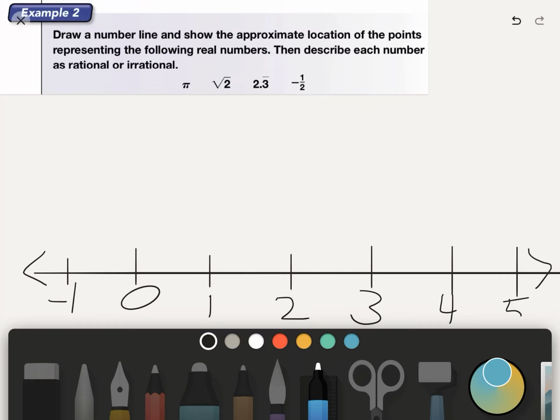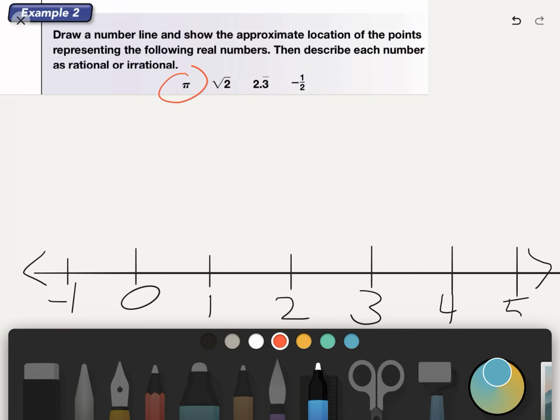So thinking of the difference between rational numbers and irrational numbers, we can also do a reasonable estimate of where they are on the number line.